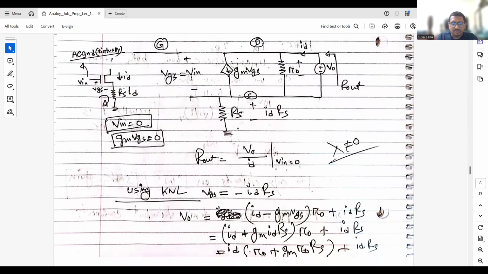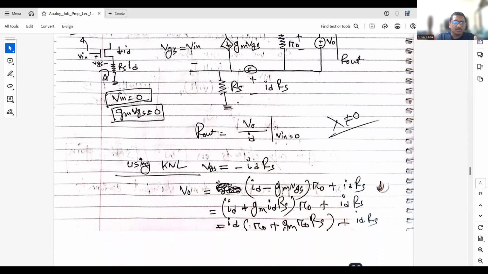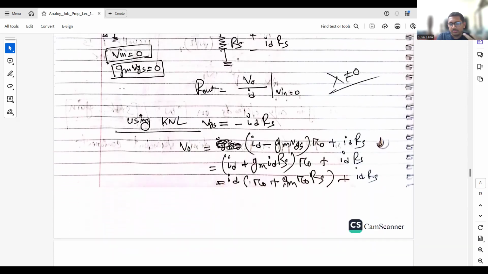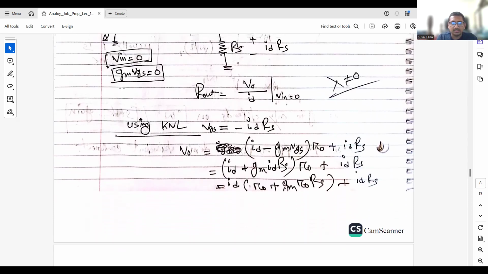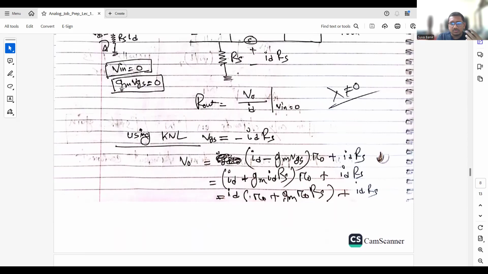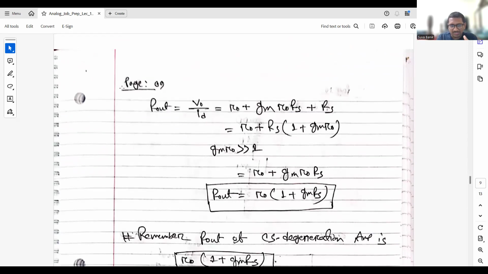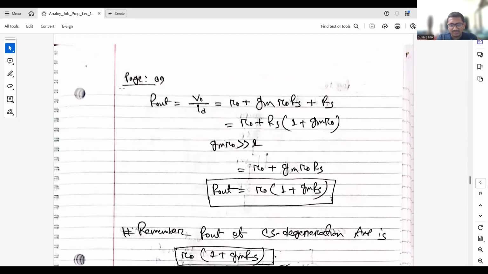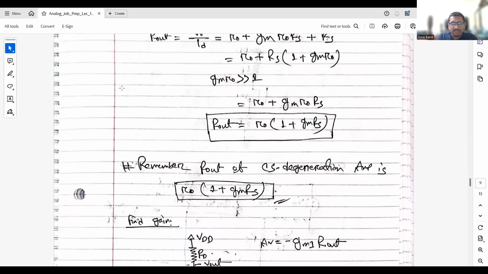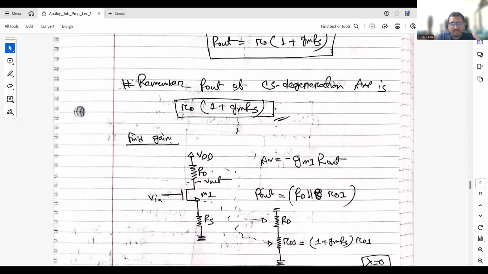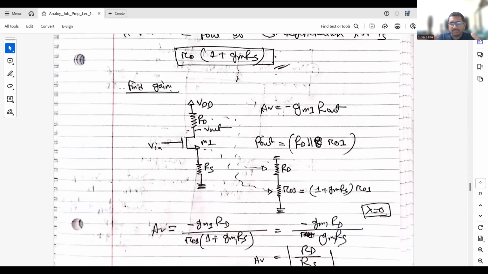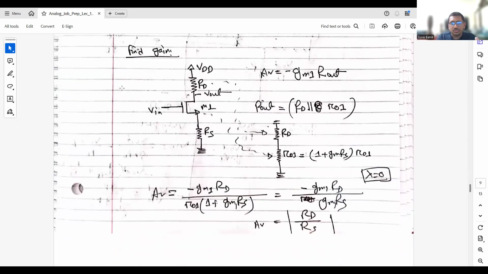Just remember this. And you already know that to find the output resistance, we consider there is no input signal, meaning the input is 0. Based on this, using the simple KVL equation, you will find this complex term. But for simplicity, I will show you something that you should remember.